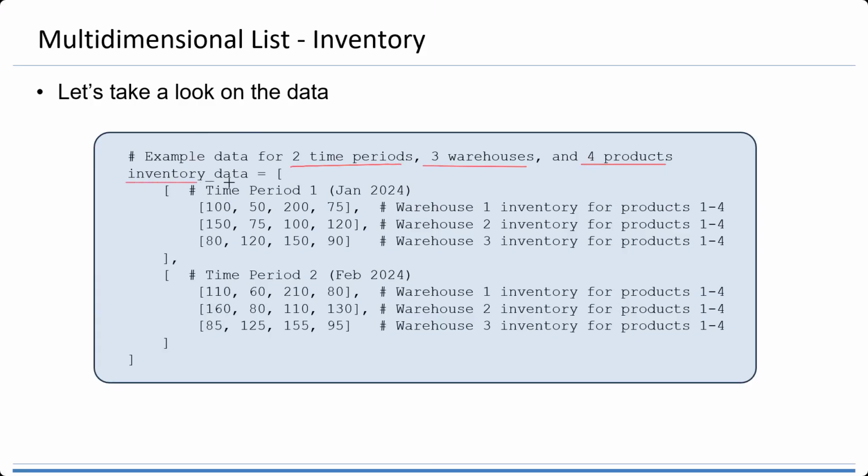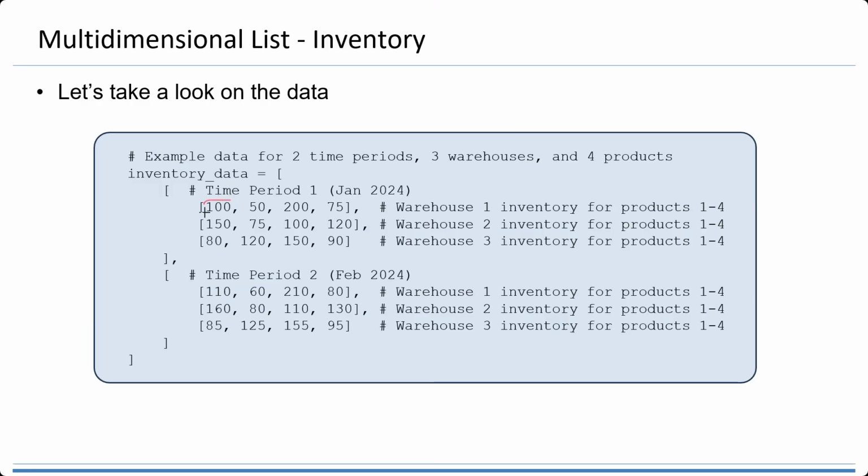So the inventory data is a list. Let me make the closing list. The first list in this data is the time period 1, or January 2024. In January 2024, I have the data on warehouse 1. In warehouse 1, we have 4 products.